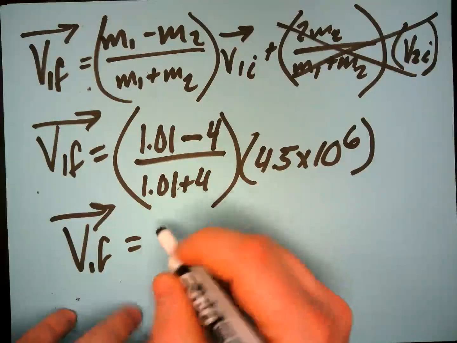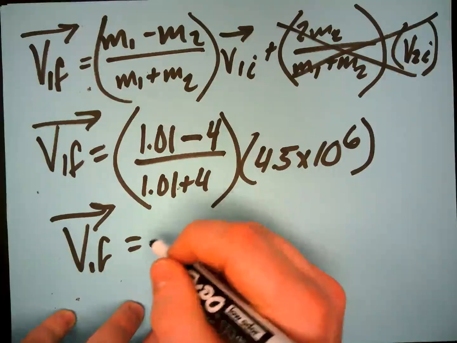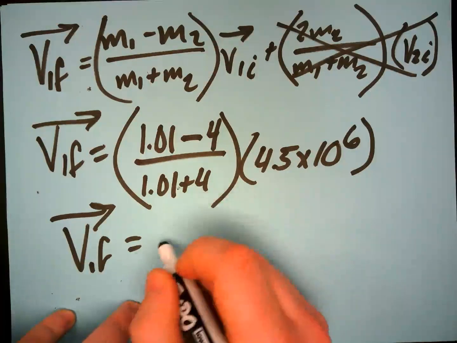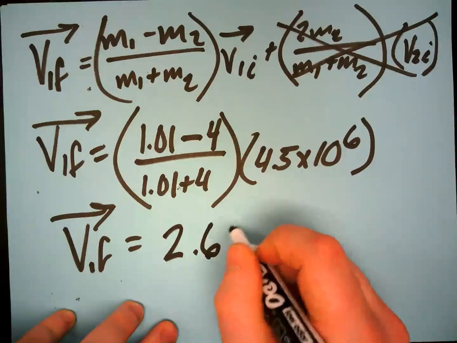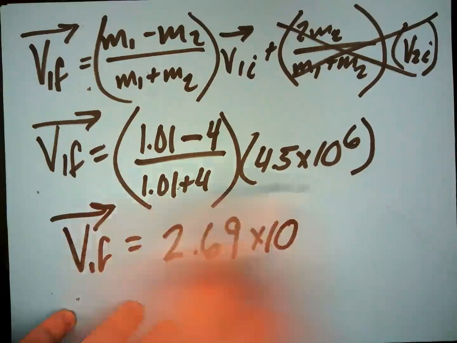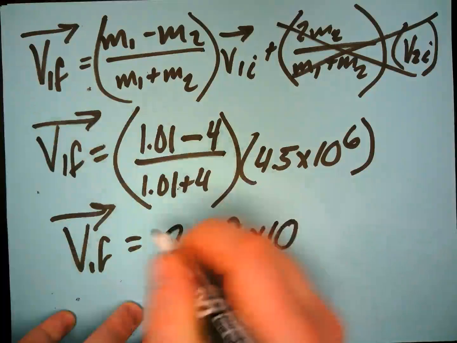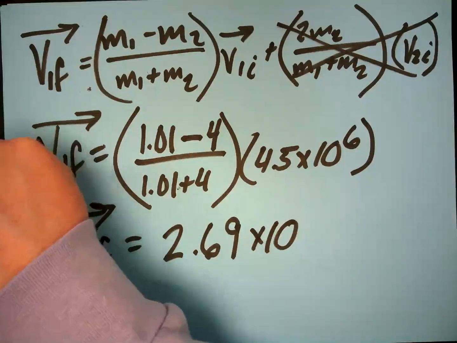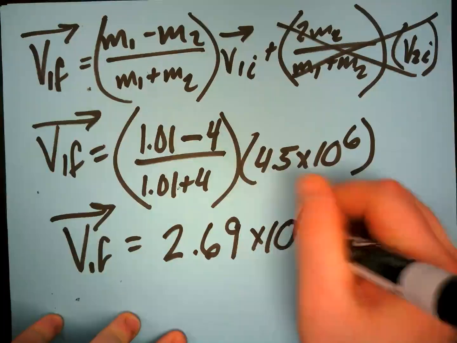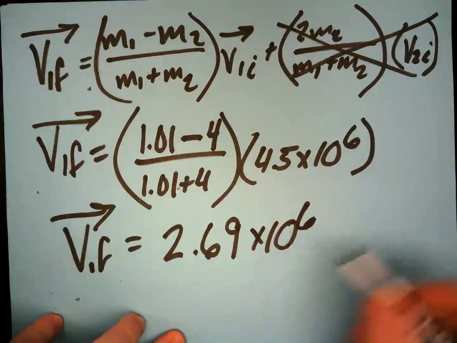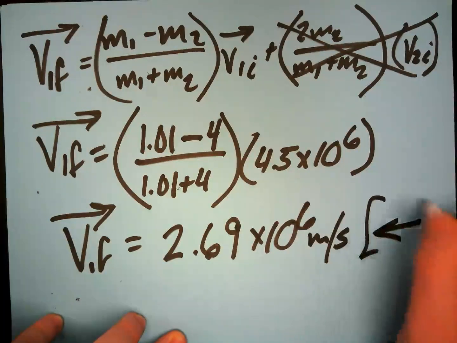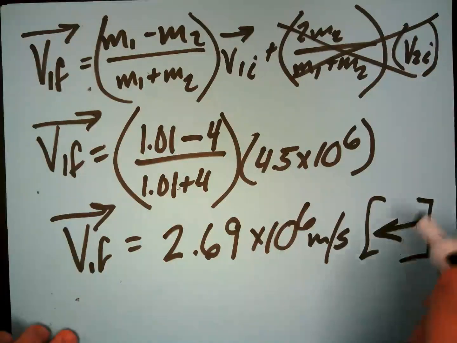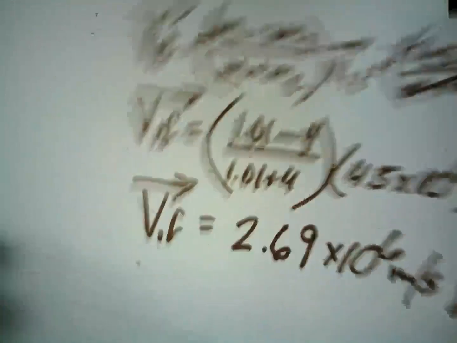So I'm going to get this right here. So it's going to shoot back pretty quick. It's going to shoot back at, we're going to say, 2.69 times 10 to the 6th power meters per second in the opposite direction. Okay, so that's what we got for our final velocity for our proton.